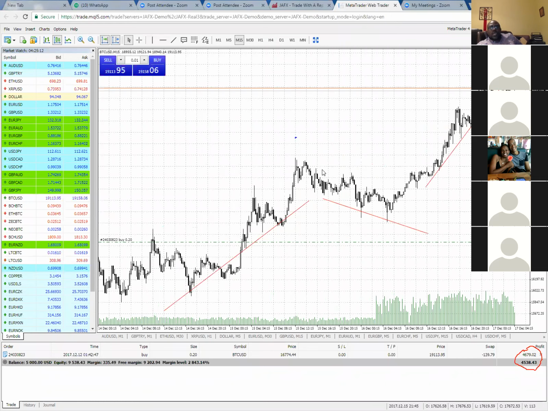So we were having some consolidation in this zone right here. The last time Bitcoin broke out, I actually caught it in this zone, and I didn't catch the top, so I ended up getting out somewhere here, and I missed this for a small trade.